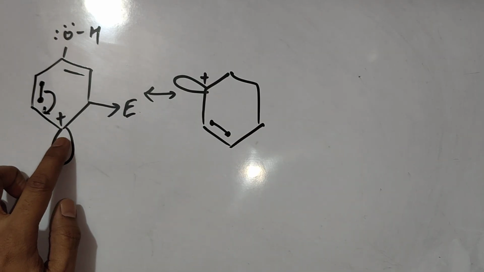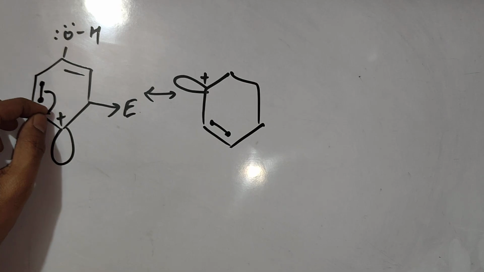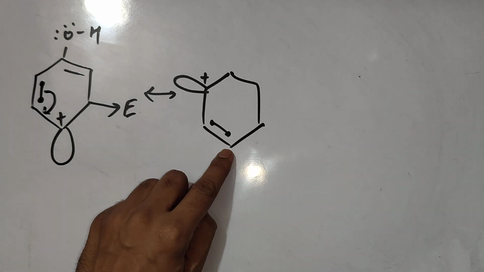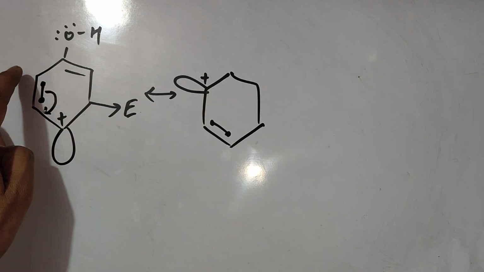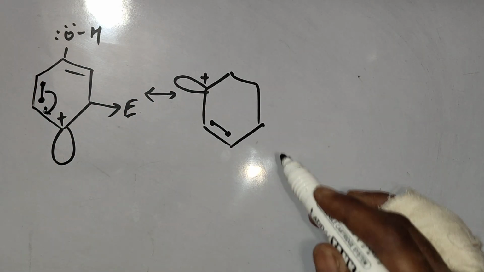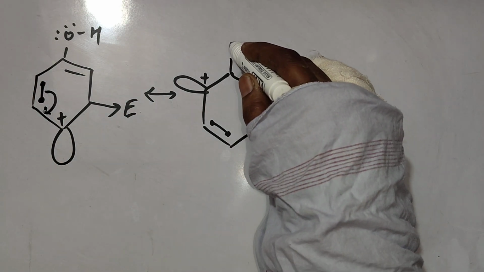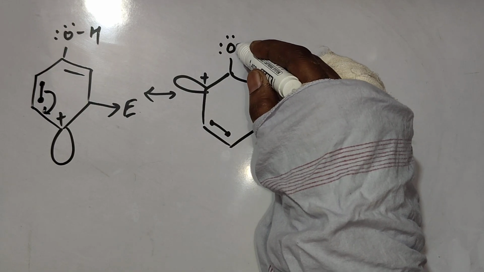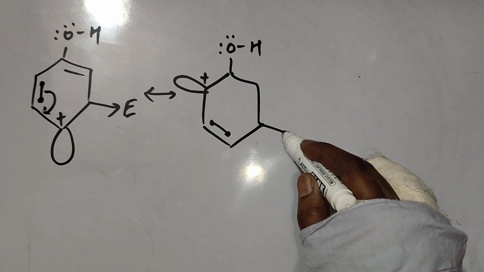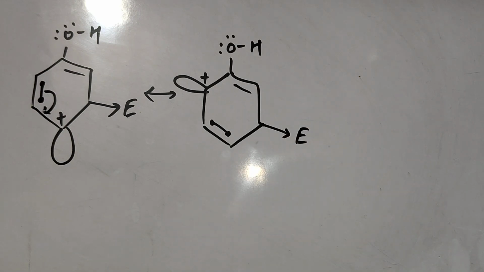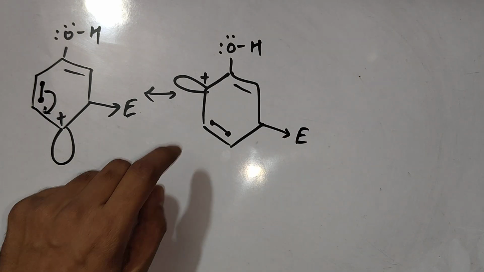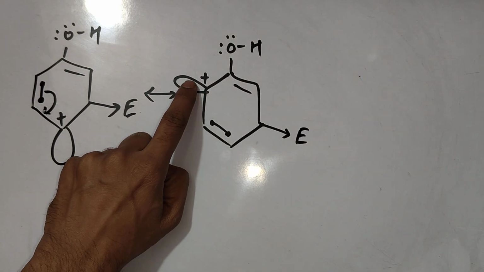The vacant orbital will finish because it will get an electron, so the positive charge will finish, but in turn positive charge will generate here because this carbon is losing its electron, and the rest of the molecule is as it is, no change.